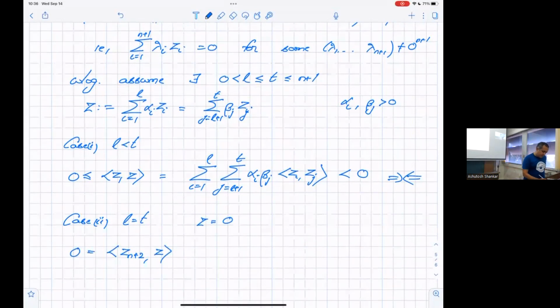But on the other hand, every Z involves only guys below it. So every inner product will be this one, and all the coefficients are positive. Therefore, this is just the summation of alpha_i, inner product of z_{n+2} and z_i, i going from 1 to L, and this is less than 0.